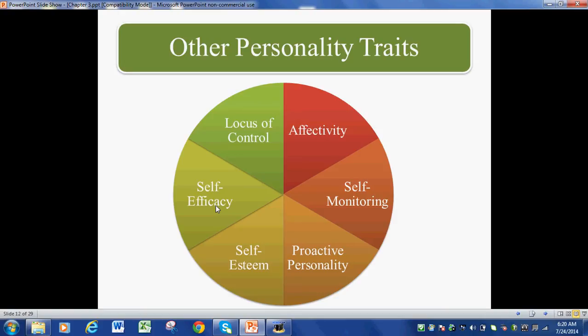Other personality traits, I'm just going to take a couple of these for time's sake. Locus of control and self-efficacy. I want to talk about that real quick because there are certain individuals that believe that they have control over how their future goes.